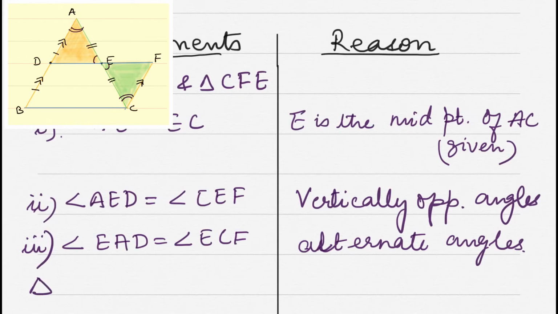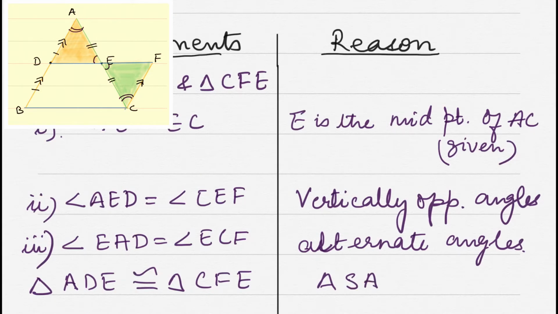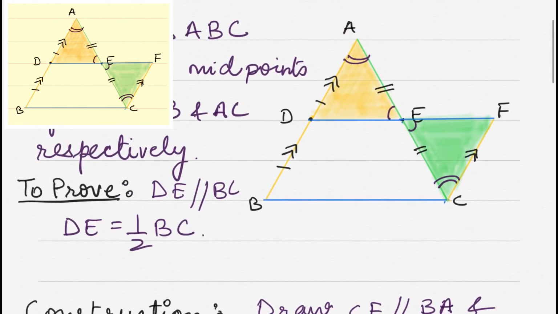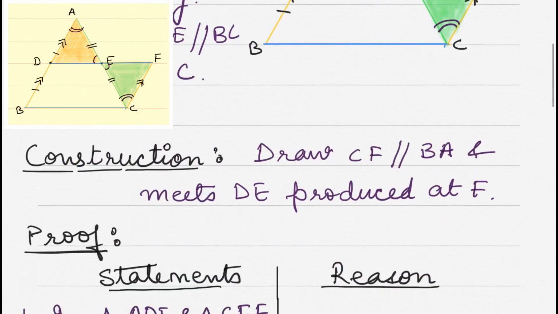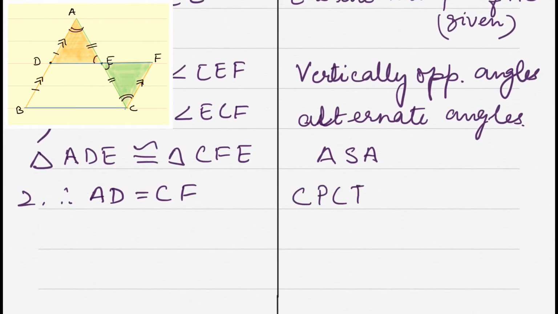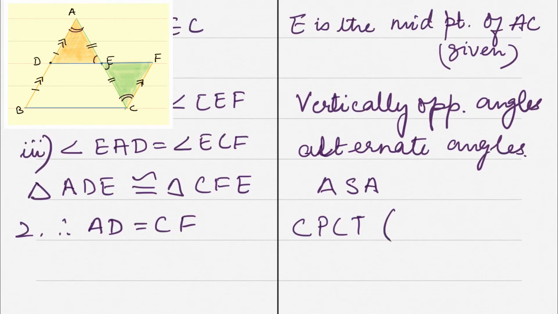So I can say that triangle ADE is congruent to triangle CFE by angle side angle property of congruence. Therefore AD is equal to CF. Why? CPCT, or I can write down the whole thing. What is CPCT?